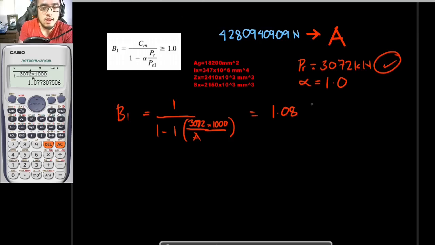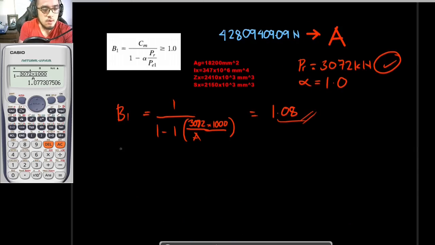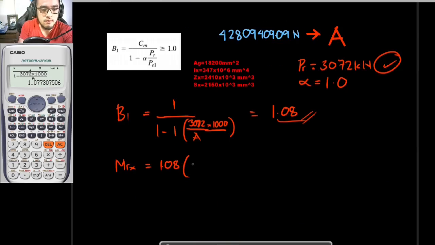So, since we already have 1.08 here, or betas of 1, multiply lang natin siya sa nakuha nating MNT, which is this. So, let's multiply it here for us to get the value of MRX. So, MRX is 1.08 times what would be our MNT. So, that is to be 224.